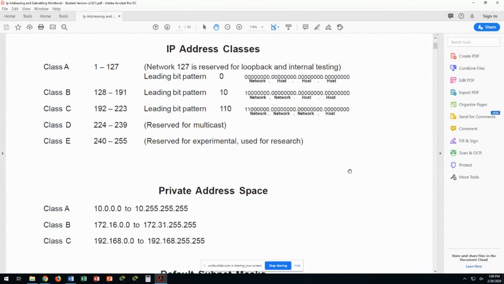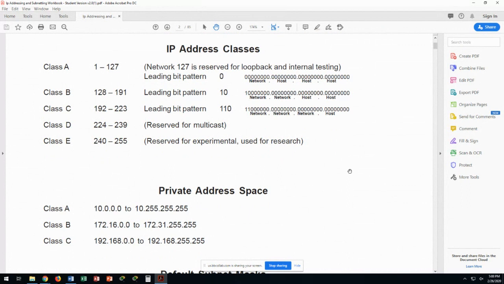The first thing we need to know is that we're talking about version 4. There is a version 6, but we'll get into that much later, and it's much easier in a lot of ways because we don't subnet, but harder because they're much larger numbers to deal with.